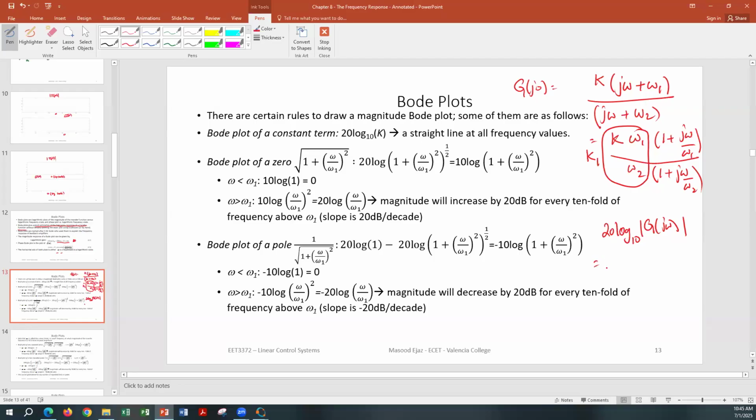So this is going to come out to be 20 log 10 of K times the square root of 1 plus omega over omega 1 squared, divided by the magnitude of the denominator, the square root of 1 plus omega over omega 2 squared. So the idea is to plot this and use some approximation.